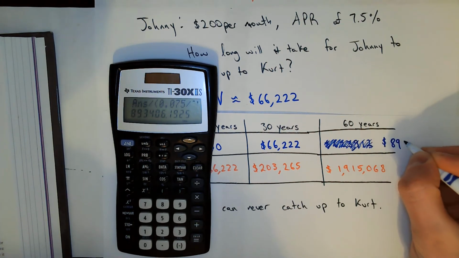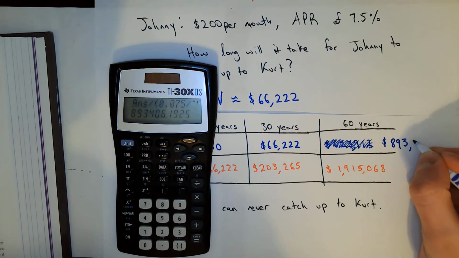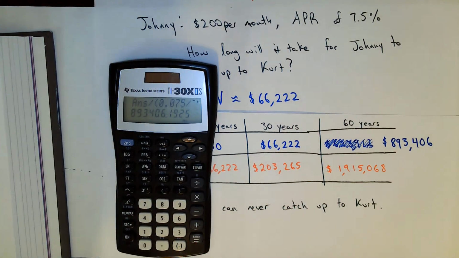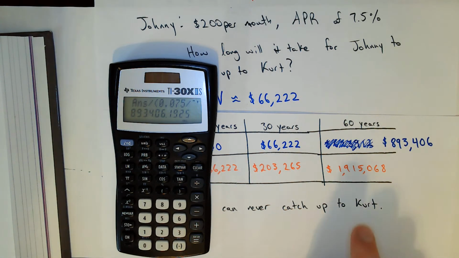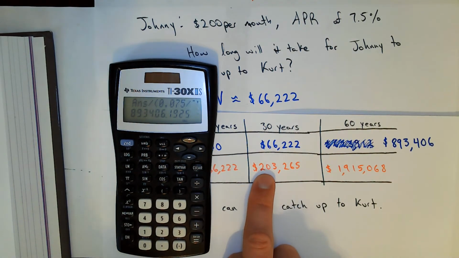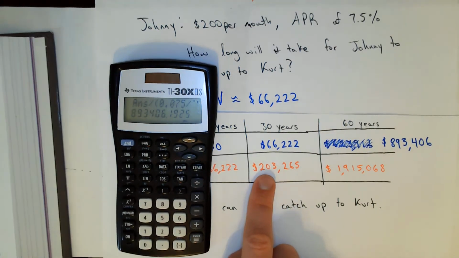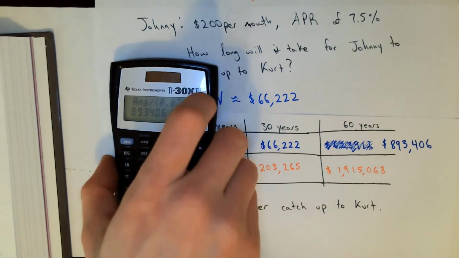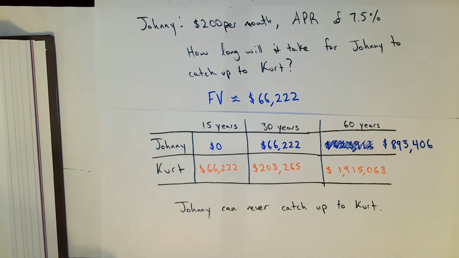But he still can never catch Kurt. Even if he keeps making $200 payments for the rest of time, Kurt just had too much of a head start, and when your money is this big in your account, compound interest starts to really, really take off. They draw a nice little graph of this, actually.